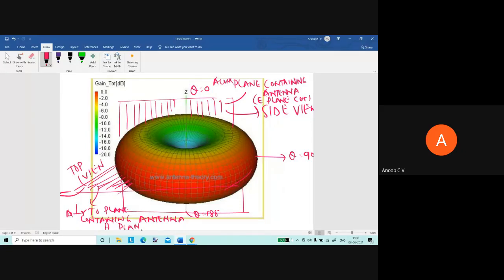There is a reason why it is called E-plane and H-plane, so I'll explain it later. So those two cuts can explain this.